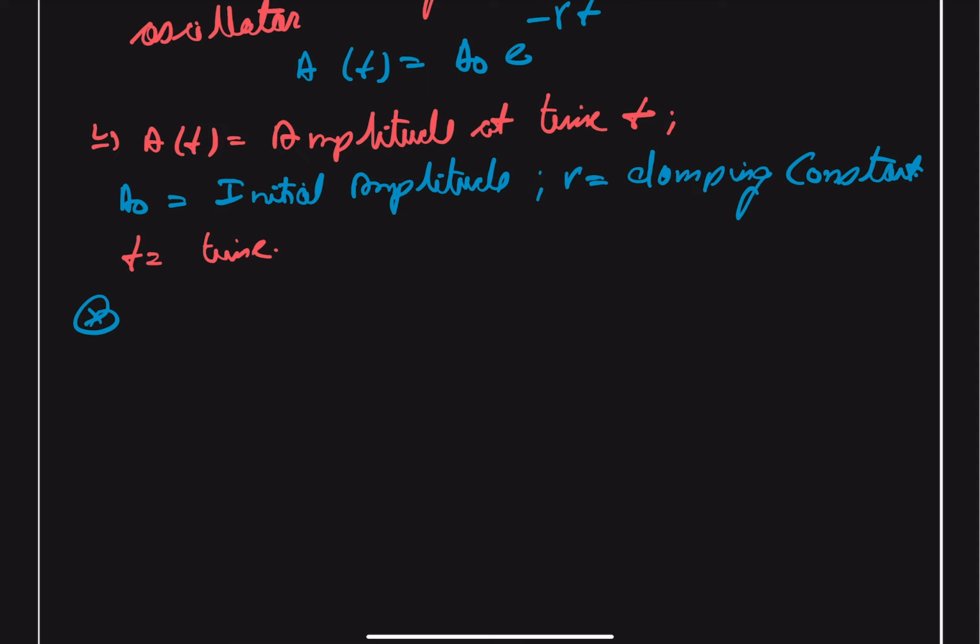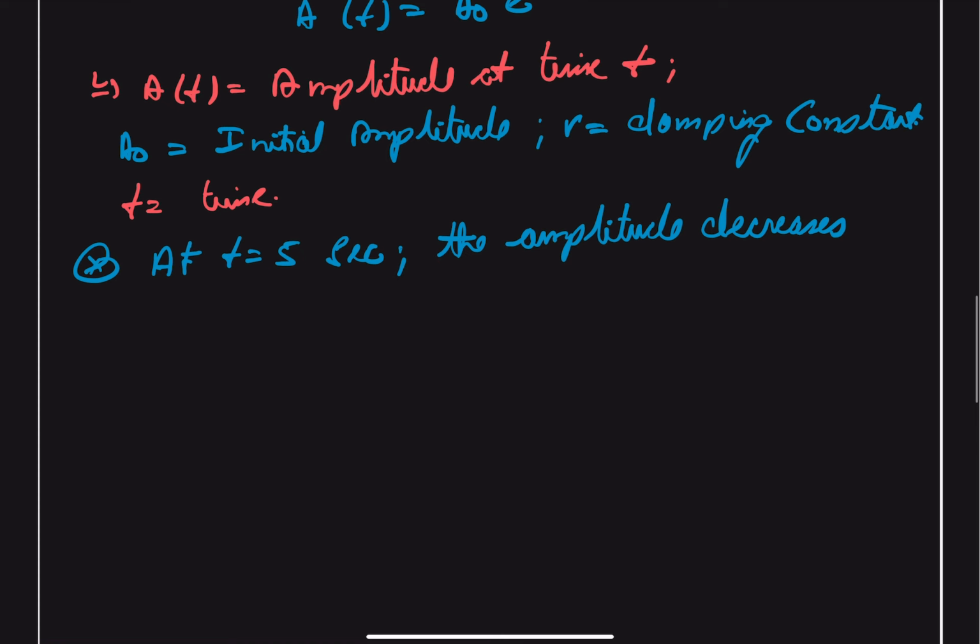So we can say at t is equal to 5 seconds, the amplitude decreases to 0.9 times the original amplitude.